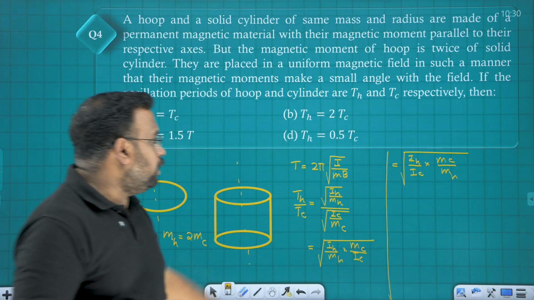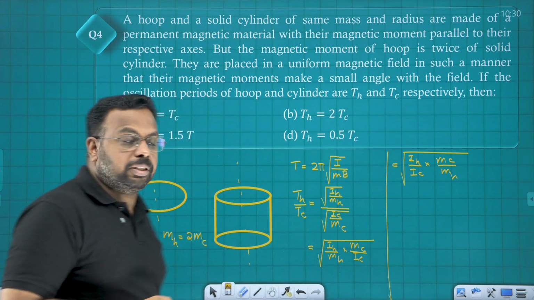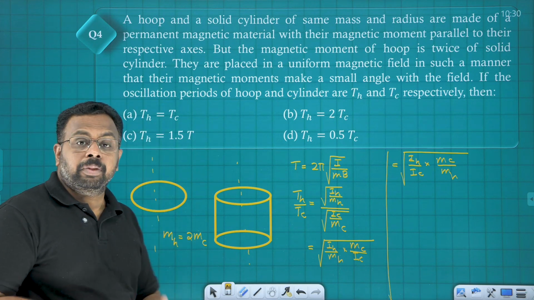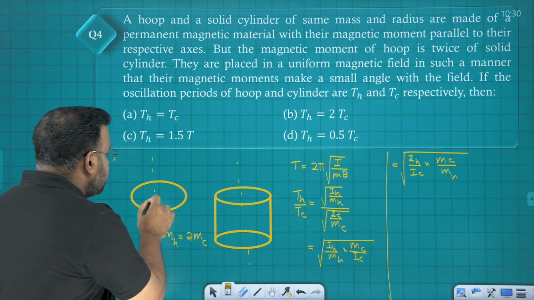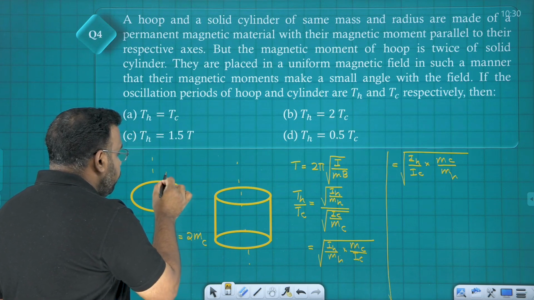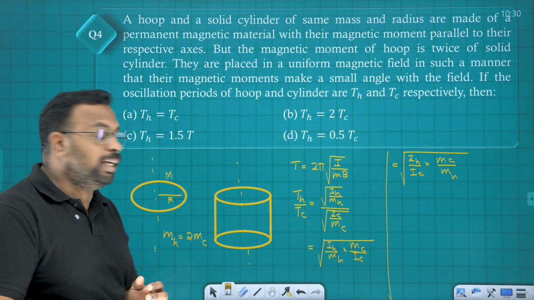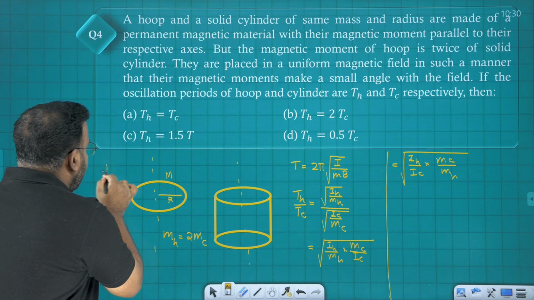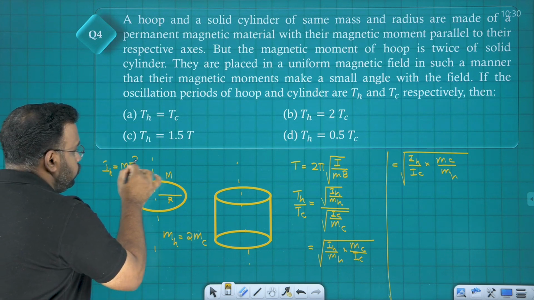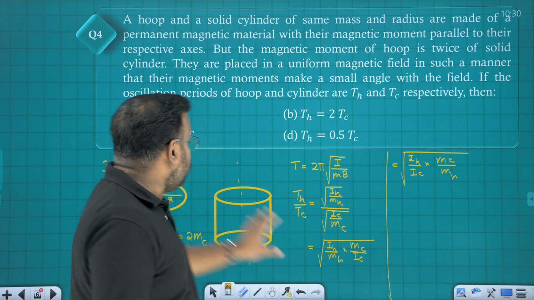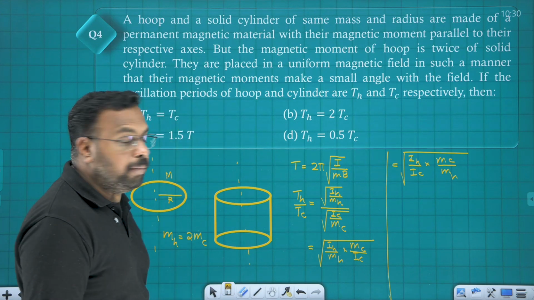Now how can we find IH by IC? What is the formula for moment of inertia of a ring? If the radius is r and its mass is m, you know that the moment of inertia is mr square. So IH is equal to mr square. And this is a solid cylinder of the same mass and same radius.